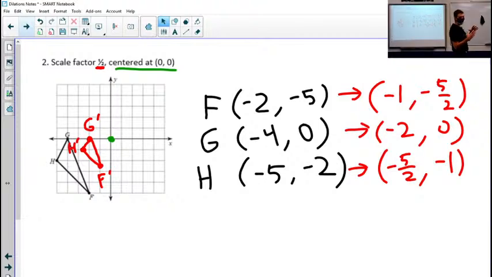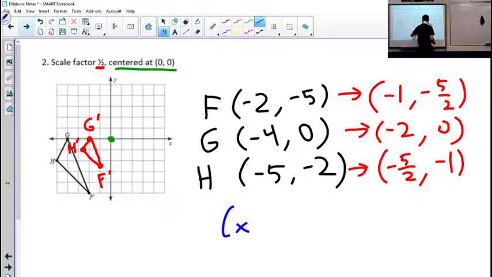Now I want you to look away from the graph and look at the coordinates. And I want to establish what our pattern was for each of these coordinates. So away from the graph, how can we get from these coordinates to these coordinates?